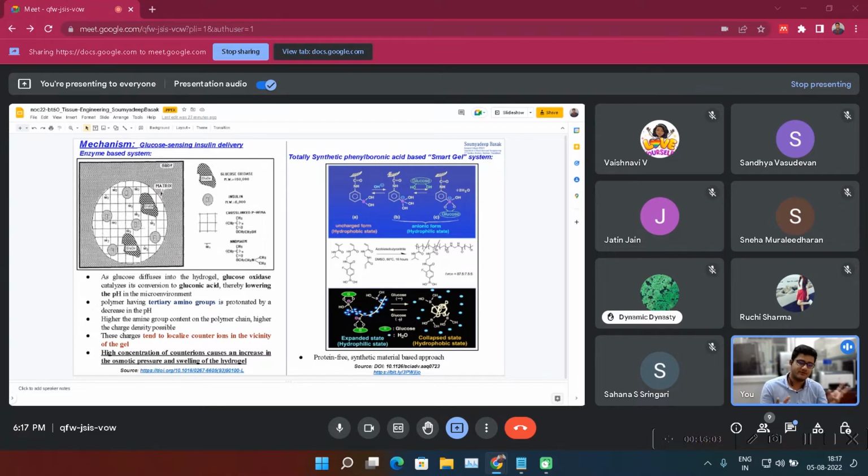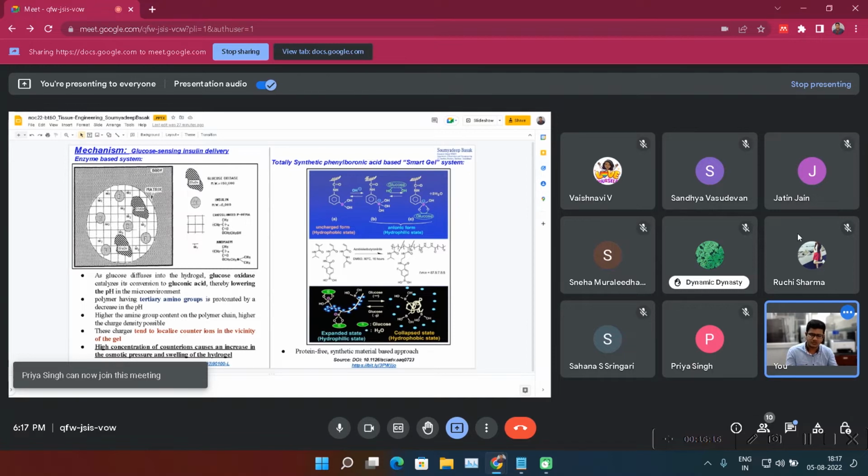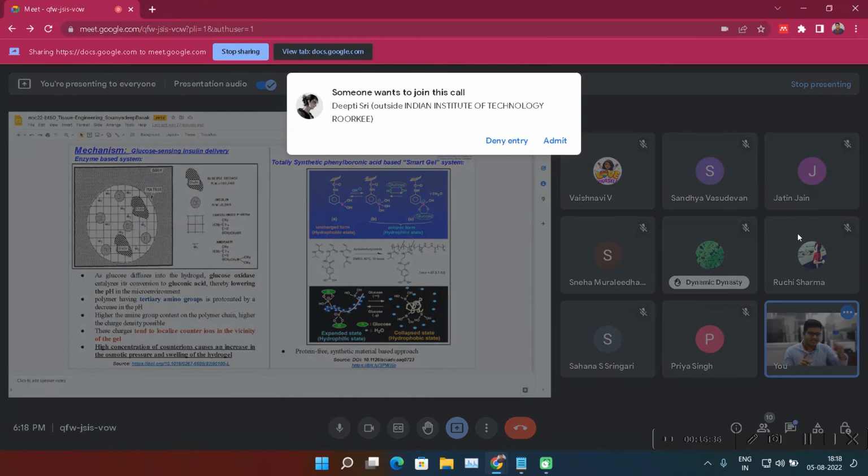As the number of charged tertiary amino groups increases, the charge density will also increase with as many glucose molecules getting inside, because glucose oxidase is doing its job. It is converting the glucose to gluconic acid and thereby reducing the pH, and the pH reduction is charging the polymer. So as the polymer is getting charged, the hydrogel block, if you think about it, is getting charged.